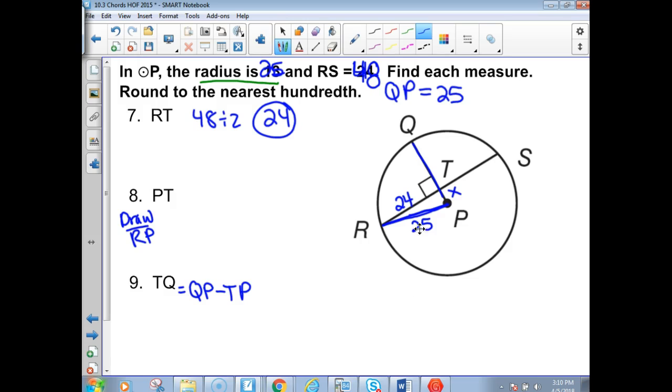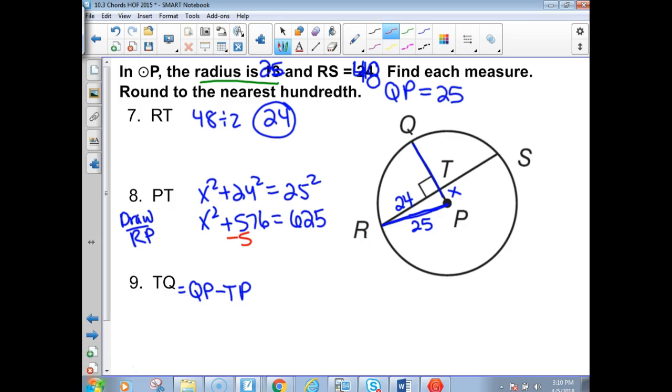Okay, now I need to do the Pythagorean theorem to find the length of TP, which I labeled X. So that's going to be X squared plus 24 squared equals the longest side, 25 squared. 24 squared is 576. 25 squared is 625.